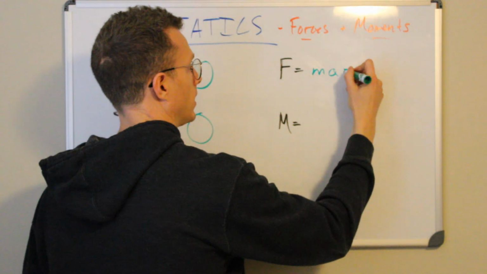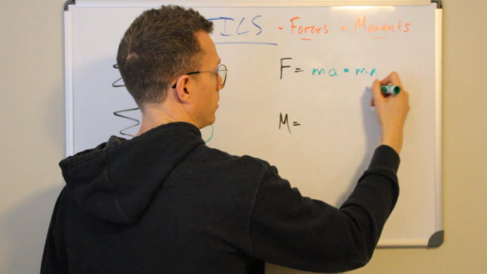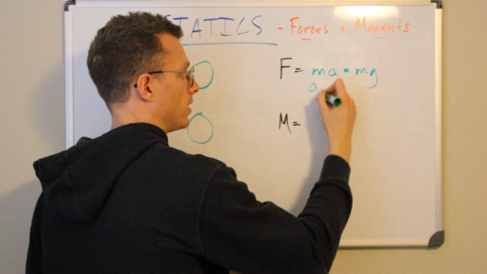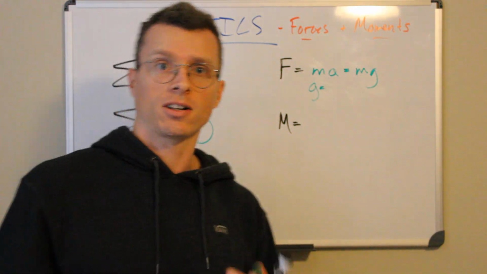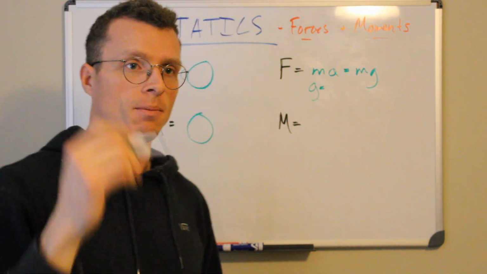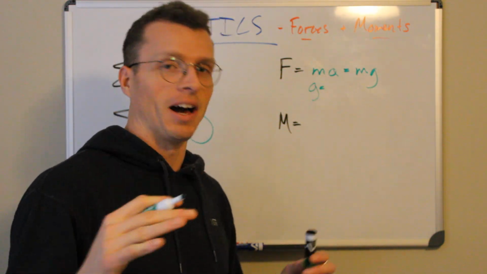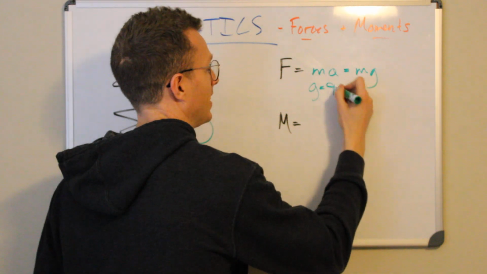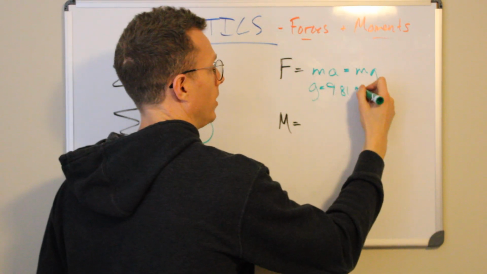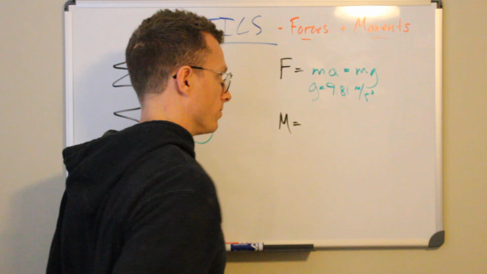So this is really going to be mass times gravitational constant. In our case, the gravitational constant is going to be 9.81 meters per second squared. Remember it. Get a tattoo of it. Do not forget it. 9.81 meters per second squared.